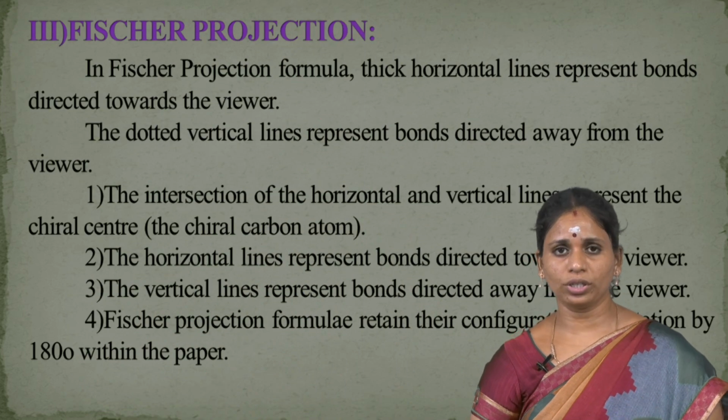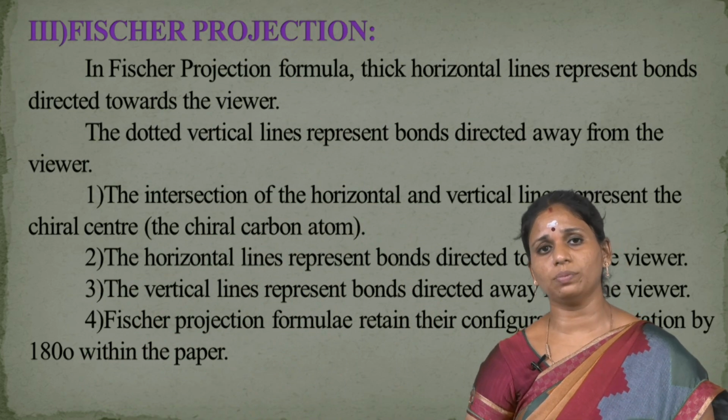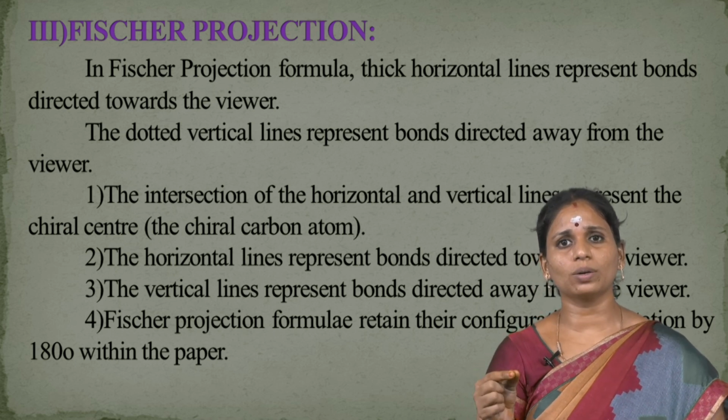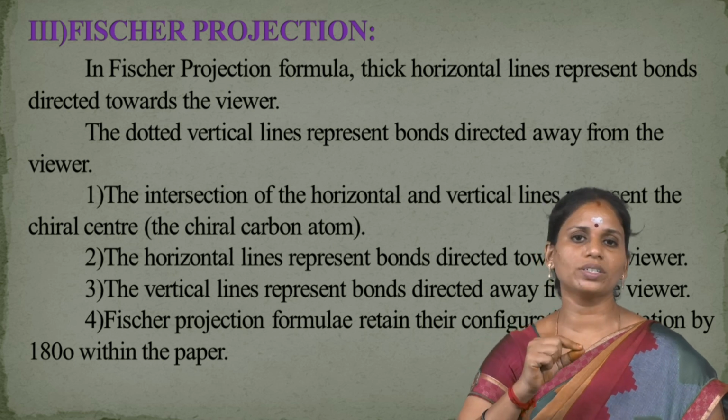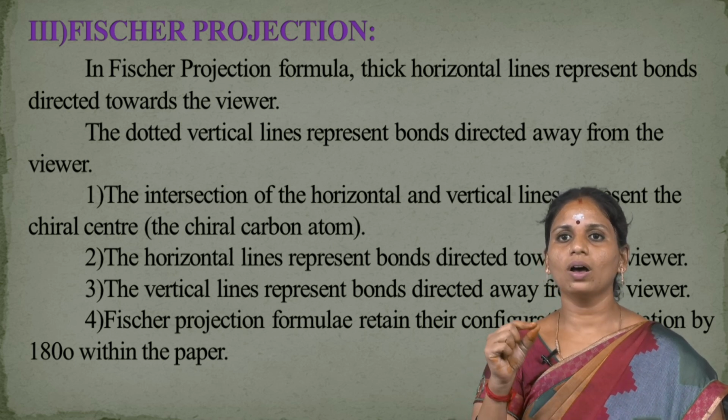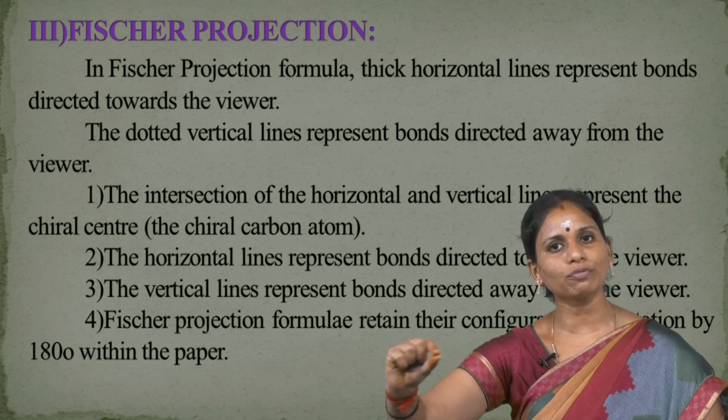Coming on to the Fischer projection formula. How to use this projection formula? In the Fischer projection formula, thick horizontal lines represent the bonds directed towards the viewer. The dotted lines represent the bonds away from the viewer.